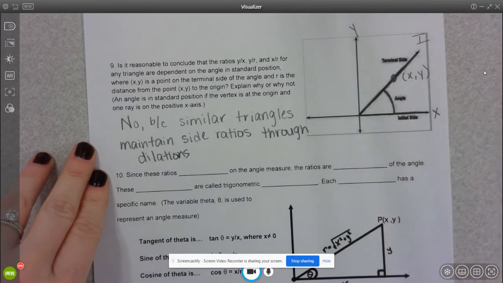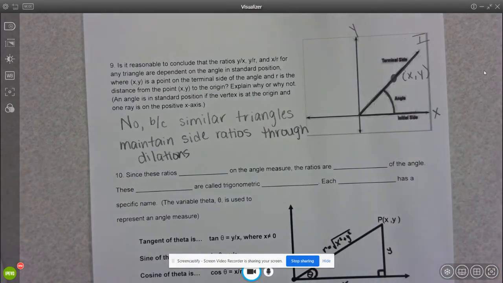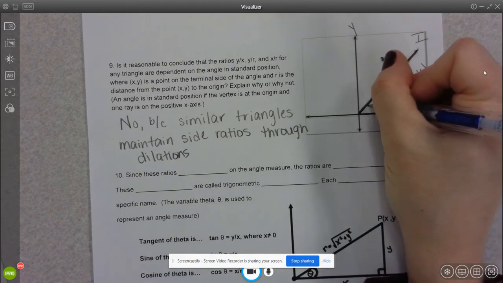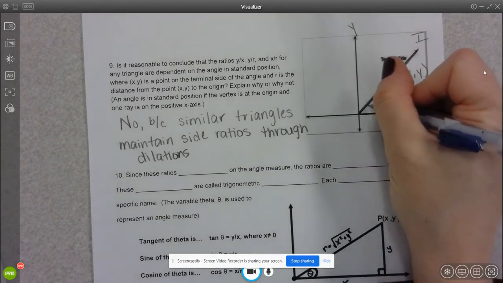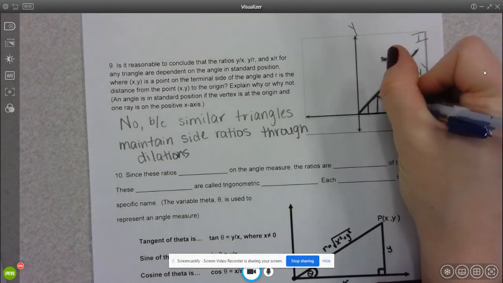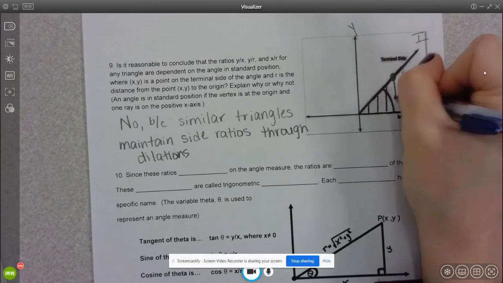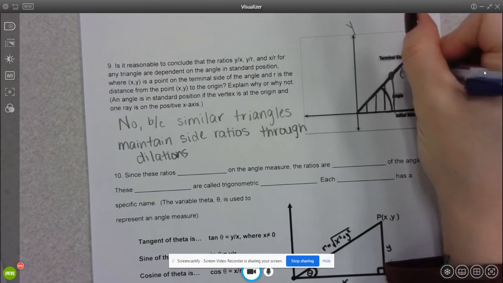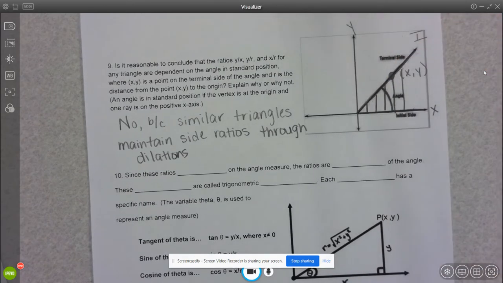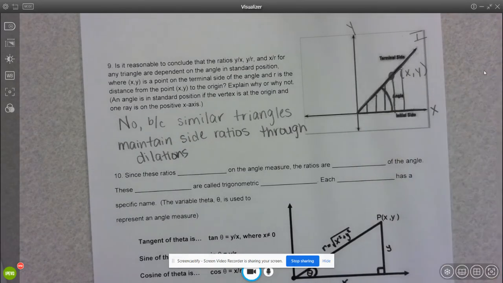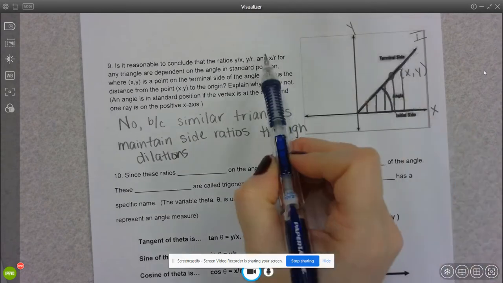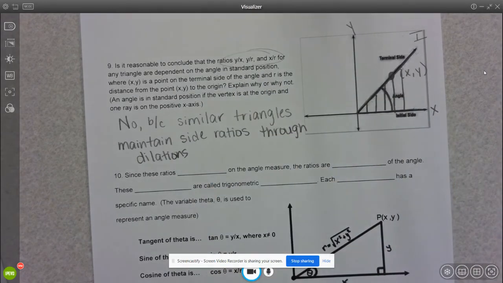They're all going to have the same leg to leg, leg to hypotenuse, and other leg to hypotenuse ratios, because, don't judge my lack of straight line ability, all of these are similar triangles. They all have different x, y coordinates here along my terminal side, but these three ratios are all going to be the same.